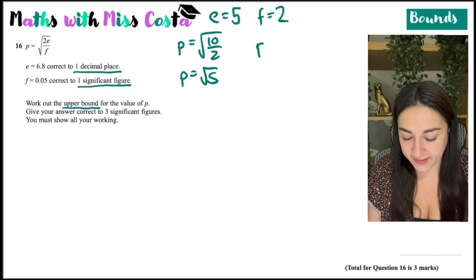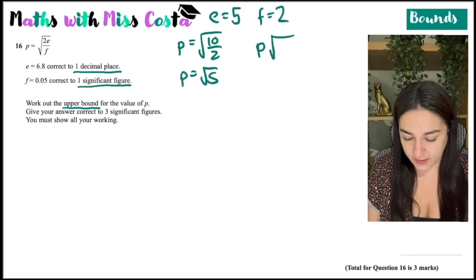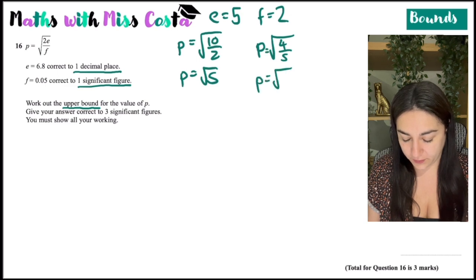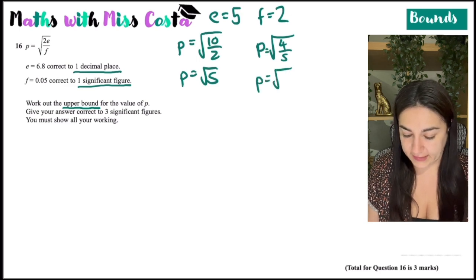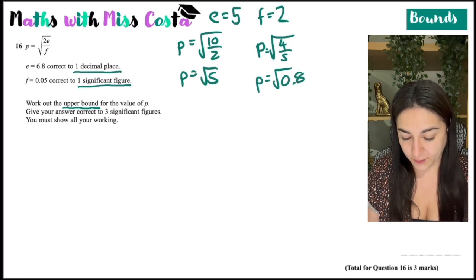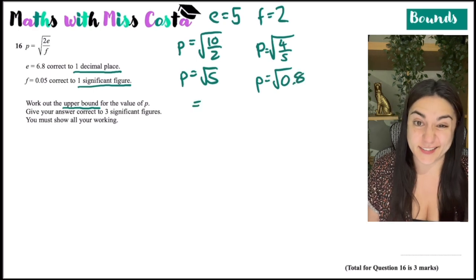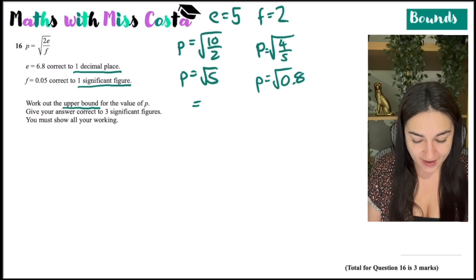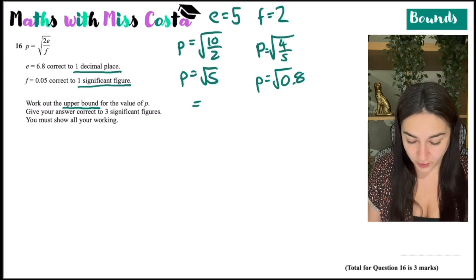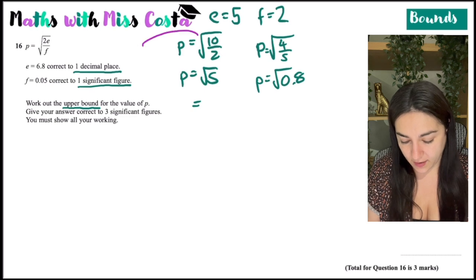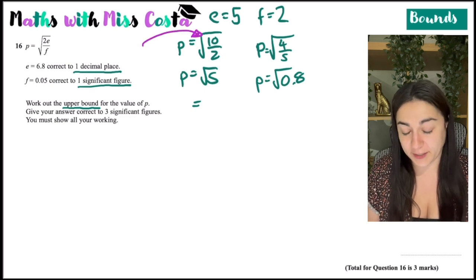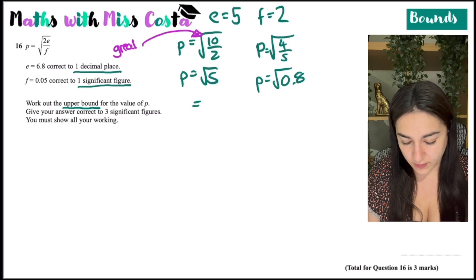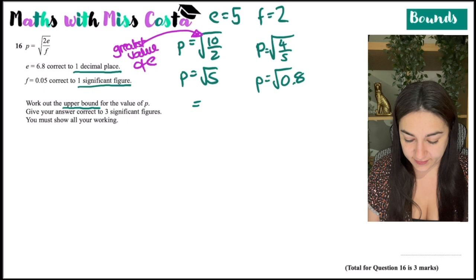Or if we reversed that, p would be the square root of 4 over 5, or the square root of 0.8. Now the square root of 5 is going to be larger than the square root of 0.8, so therefore to work out the upper bound of p, I'm going to want the greatest value of e and the lowest value of f.